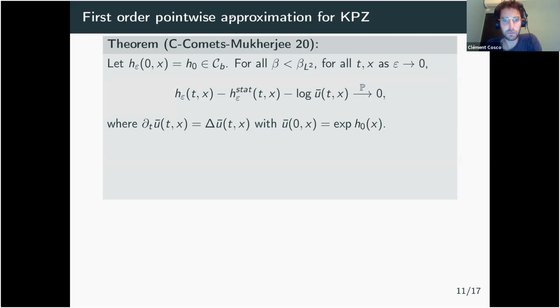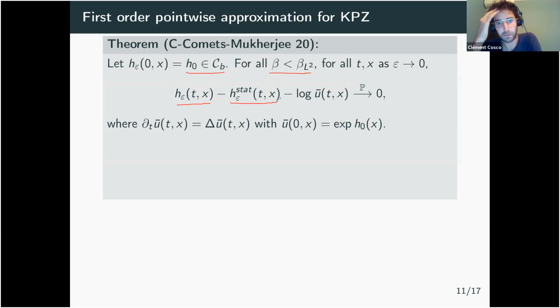And what we have shown with Francis Komets and Chiranjeev Mukherjee is that if you start from a continuous initial profile, for the KPZ equation, and in the whole L2 region, then the solution of the regularized KPZ can be well approximated by the sum of two objects. One is a stationary solution of the regularized KPZ equation.